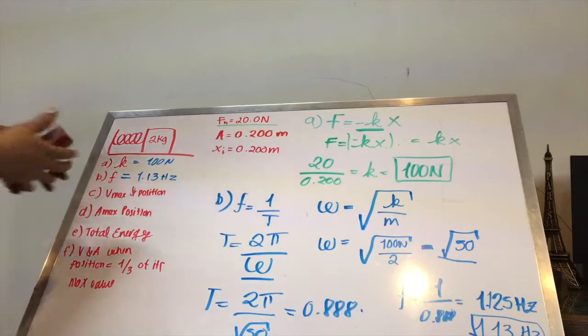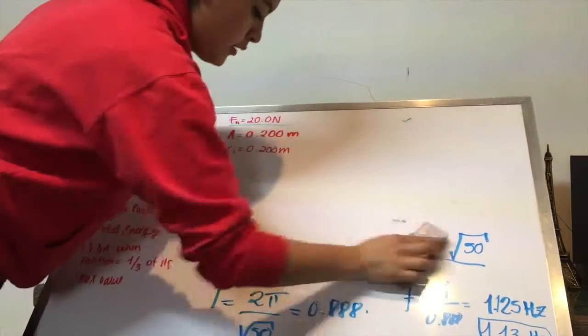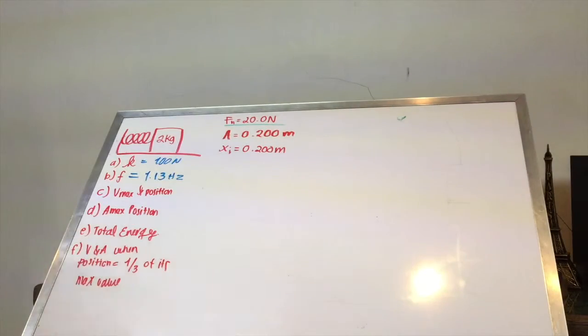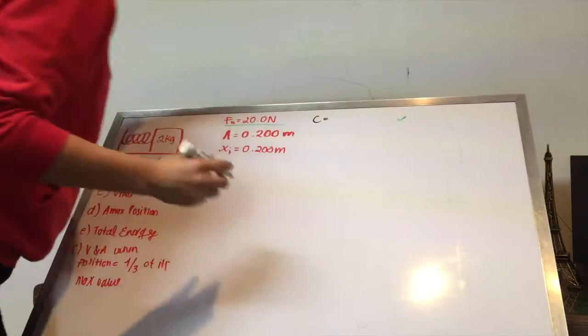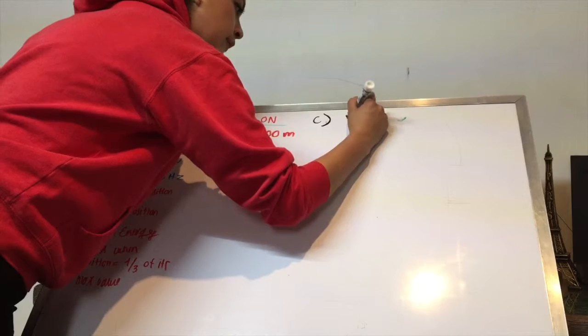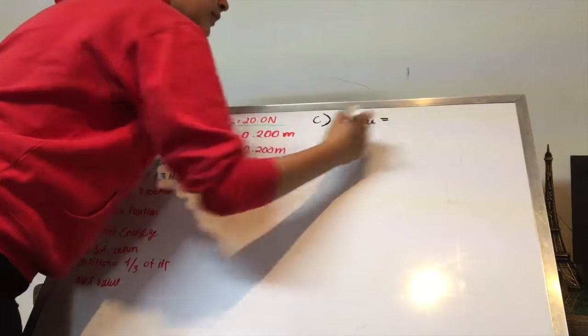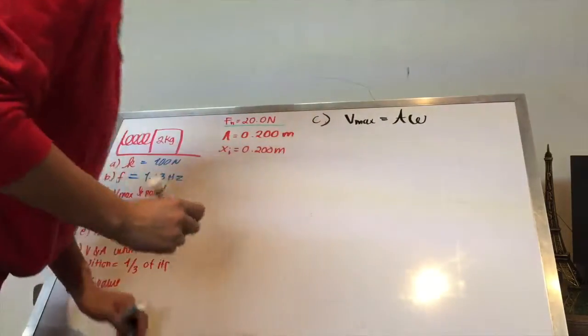For part C, the maximum velocity is equal to our amplitude times omega.